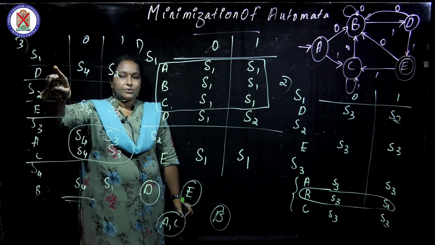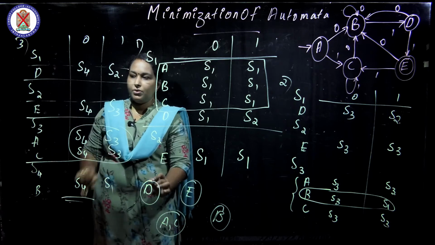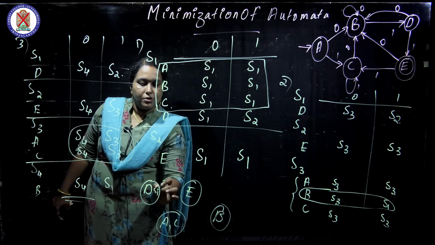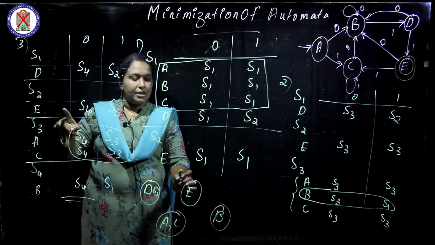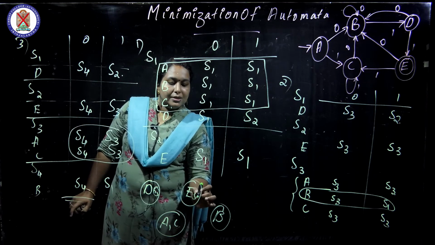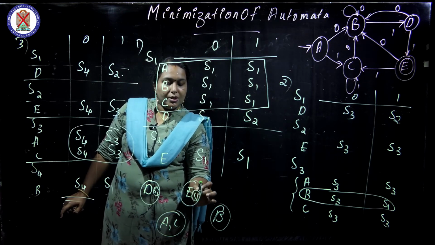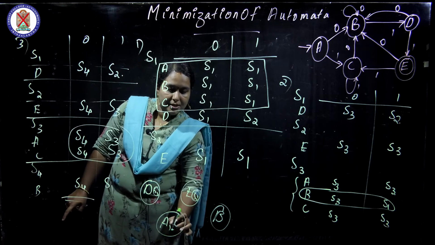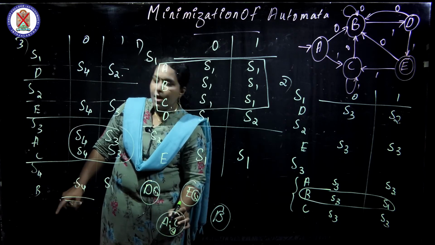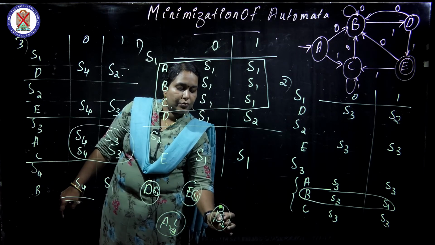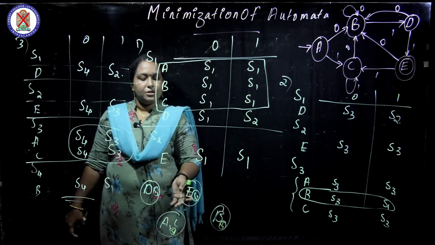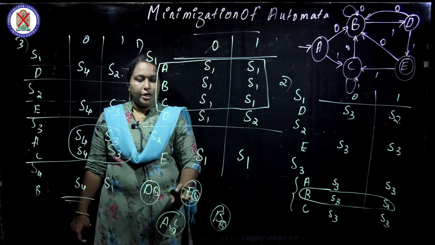When you look into the transition diagram, D is S1, so you mark here S1. After that you can rub it out, that is a good strategy to be followed. Here E is S2, A and C is S3, and here is S4.